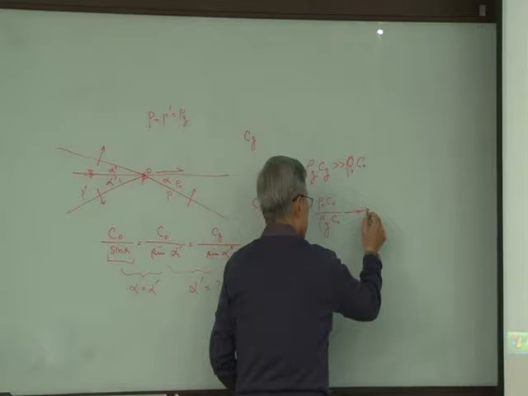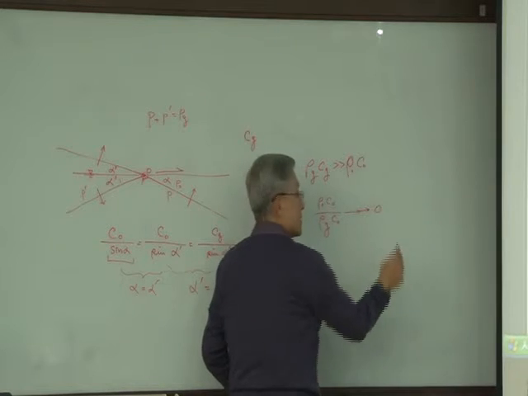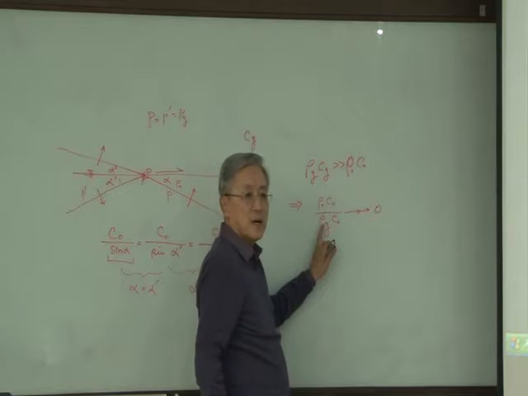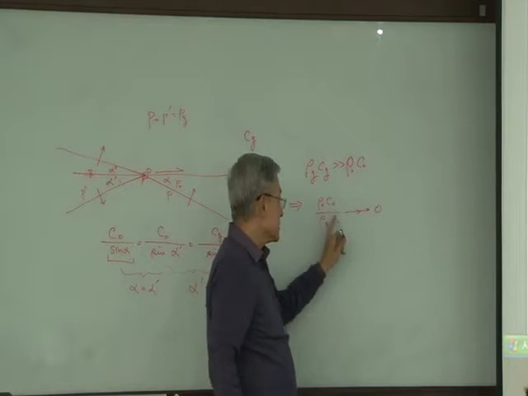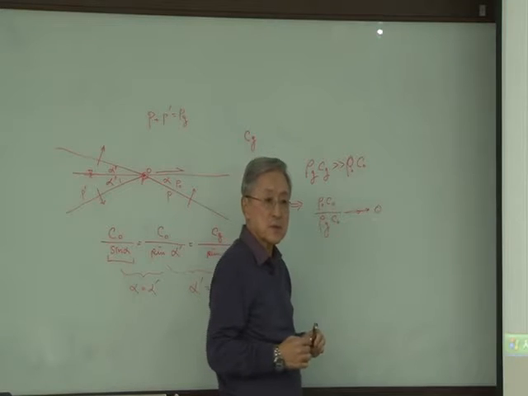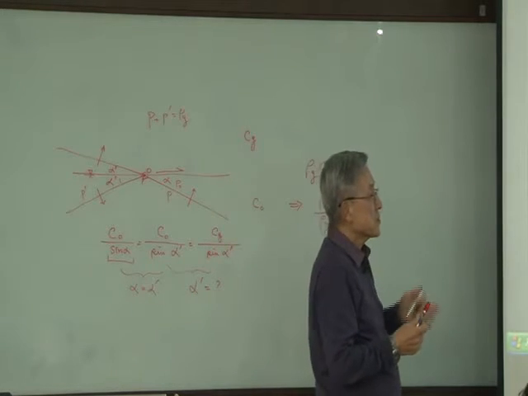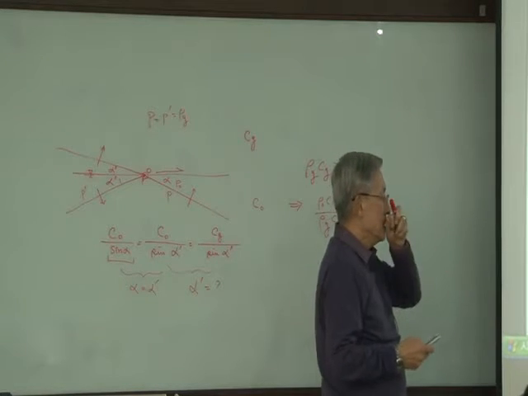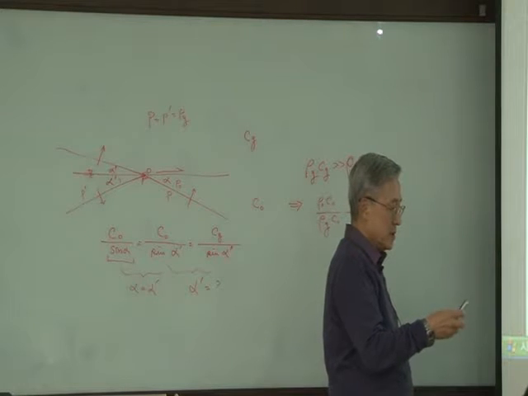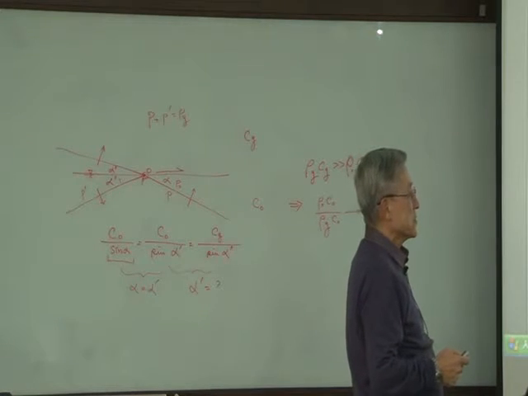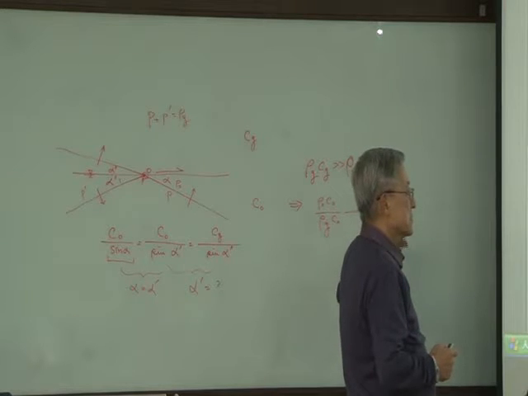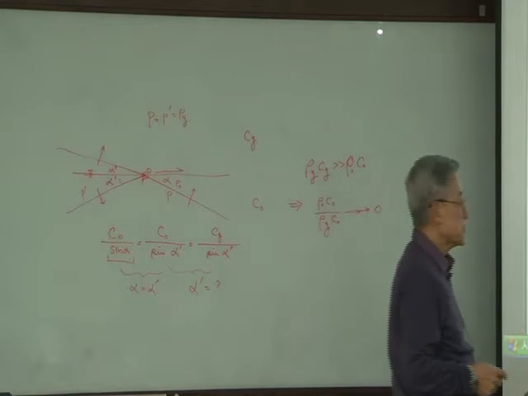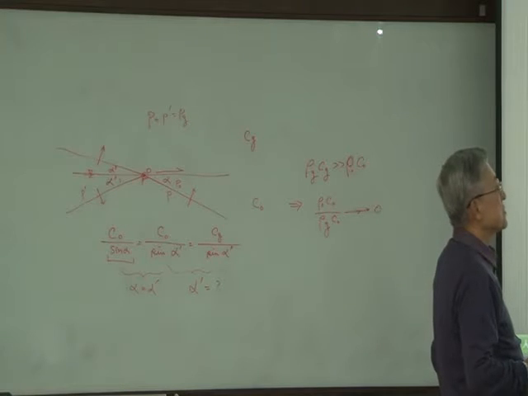Approaching 0, right? This is very high compared to this. Then I can say this approaches 0. That's what we are going to check using these two equations for the case of the rigid and water interface problem. So this becomes 0, right?